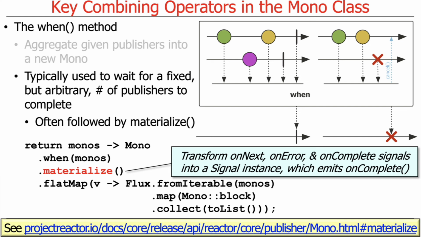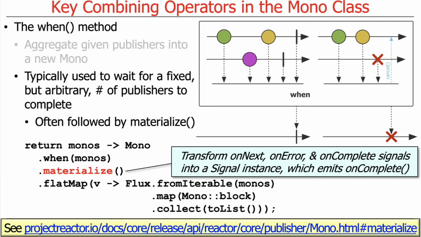And then we use this really funky method called materialize, which sounds like transcendental meditation or something like that. You know, we're going to materialize something out of the ethereal world. And whatever happens, whether it's on next, on error, on complete, that's going to emit on complete. So it just says, we're done. That's all it's doing. It's aggregating something and saying, we're done.